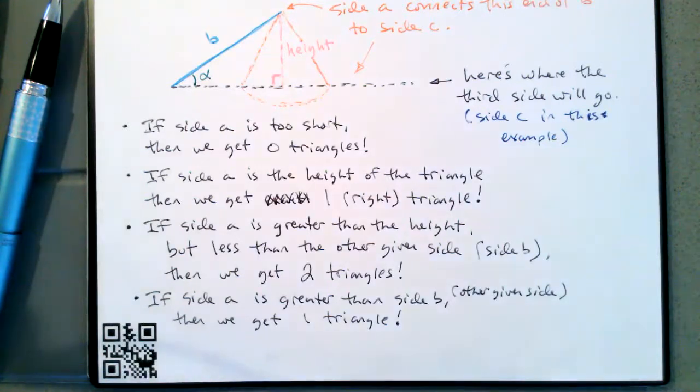If it is equal to the height, you get one right triangle. Magic case, that's the hole in one. If it is greater than the height, but less than the other given side, then we'll get two triangles. If it is greater than the other given side, then we get one triangle again.